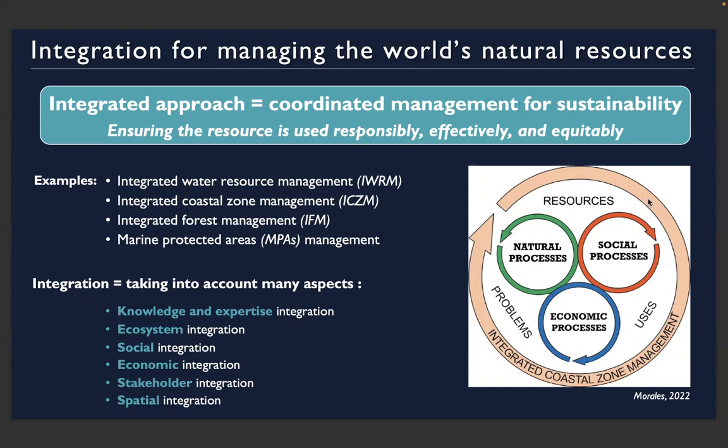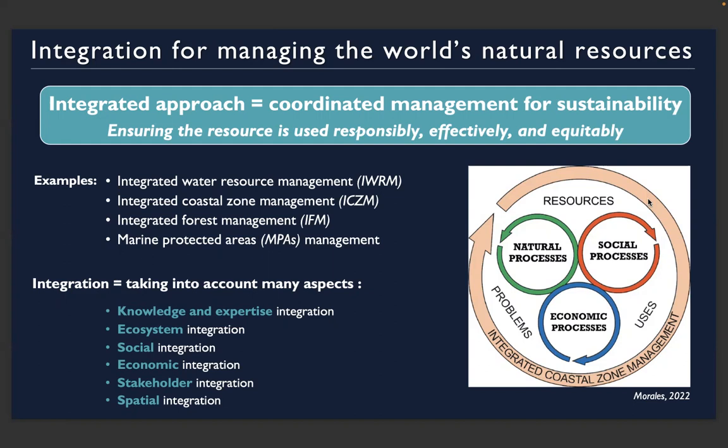And in this context, integration means taking into account many aspects. You need to take into account different knowledge and expertise, but you also integrate all the ecosystem levels. So you integrate all the processes in one ecosystem. You are thinking at ecosystem level. You also make social integration because you take into account the use and the needs of the population living in these areas.